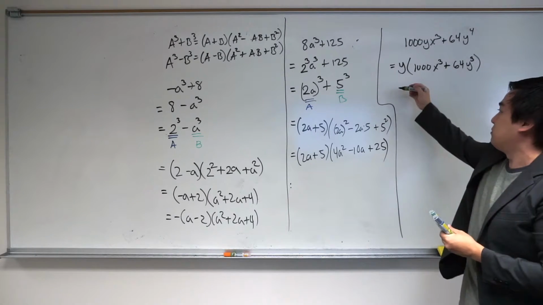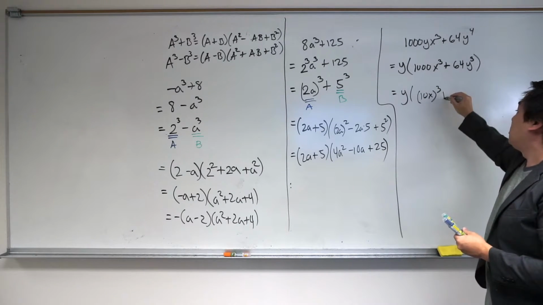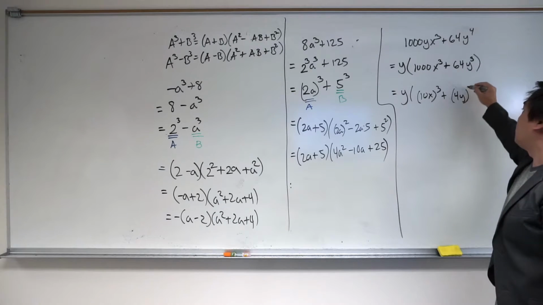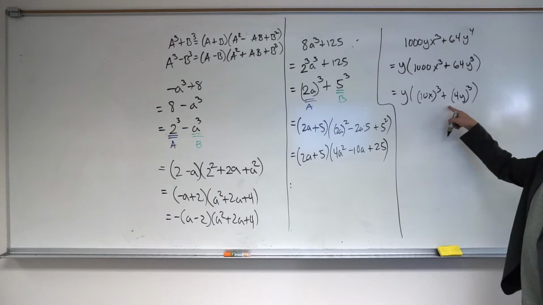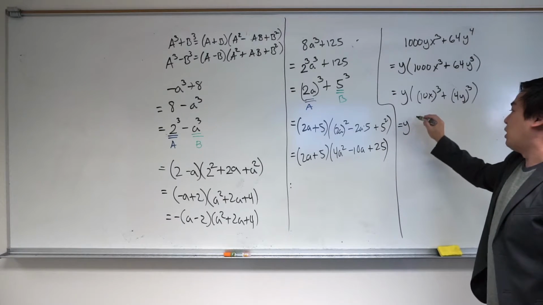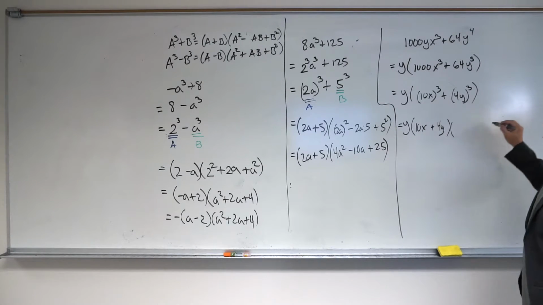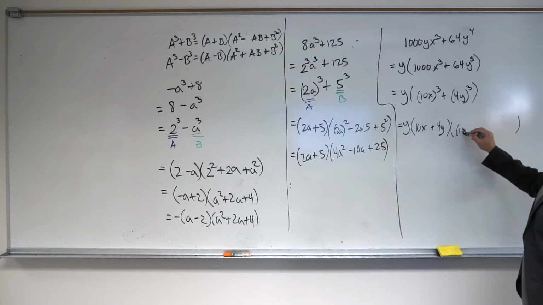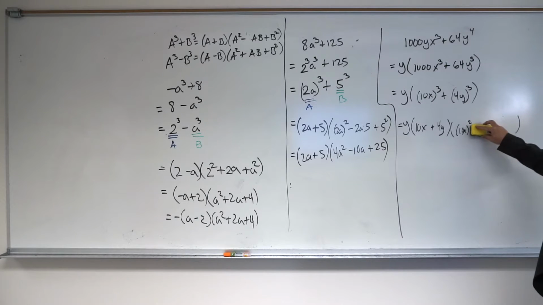So let's write this one as y times 10x to the third plus 4y to the third. Now we have a sum of cubes in the middle, which gives us y times the first plus the second, times the first squared minus the first times the second plus the second squared.